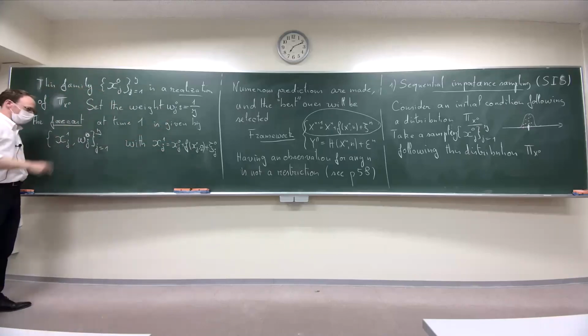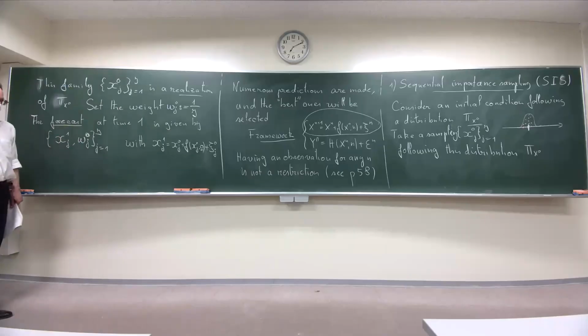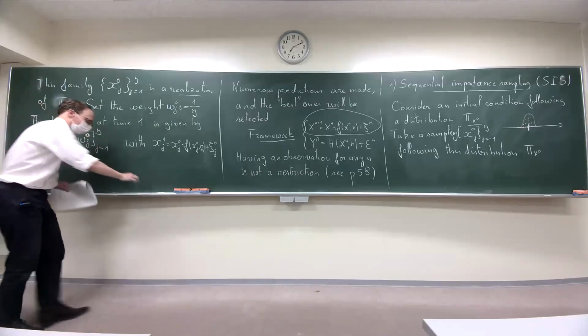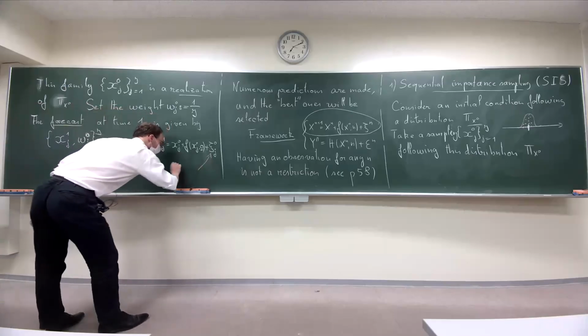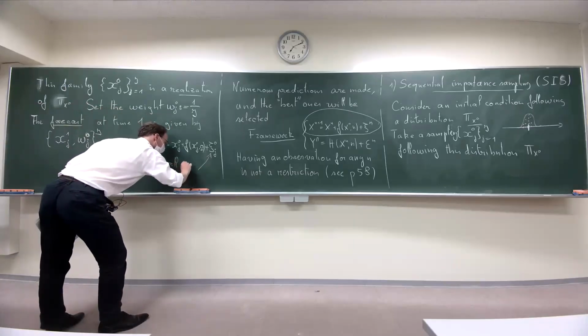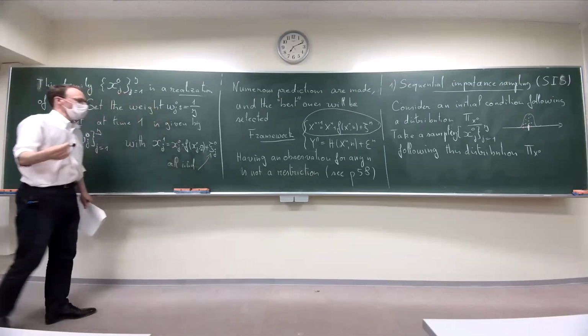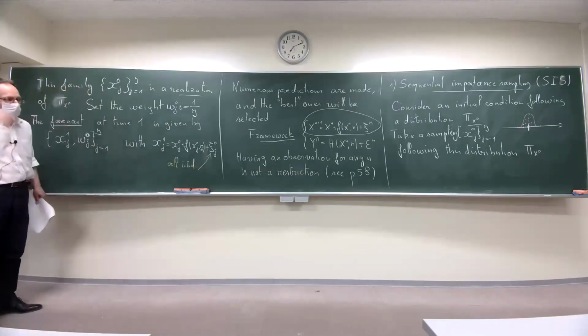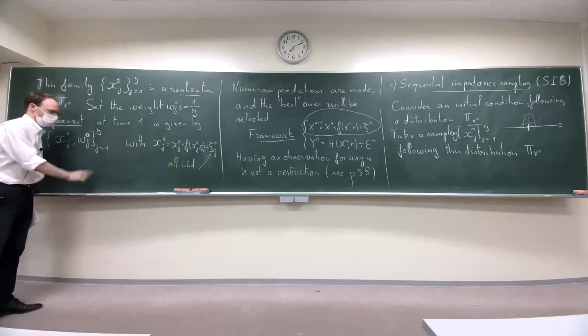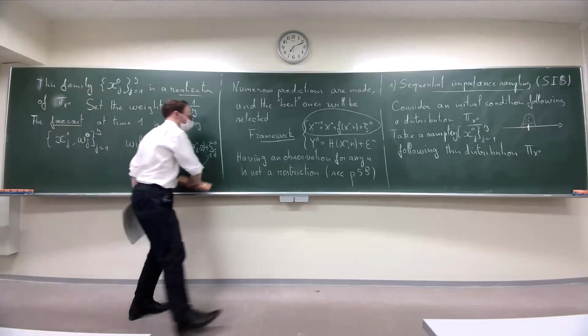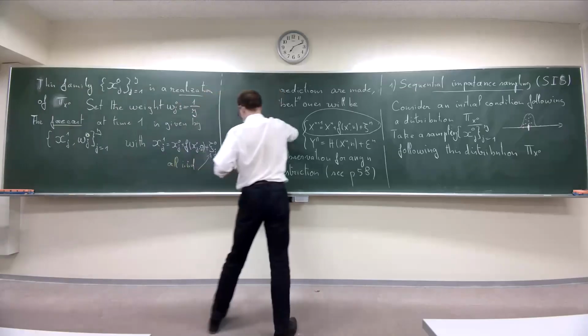And I associate still the weight 1 over J. Right? And this xi is an iid random variable. So it means every time I use this, maybe Gaussian or whatever, it gives me a certain number. Okay.